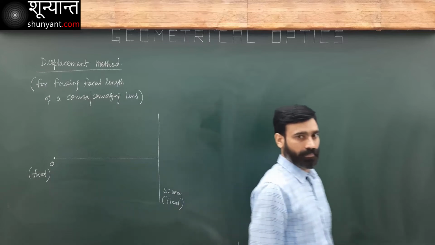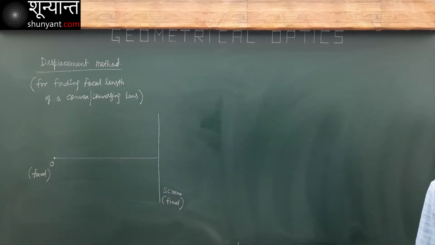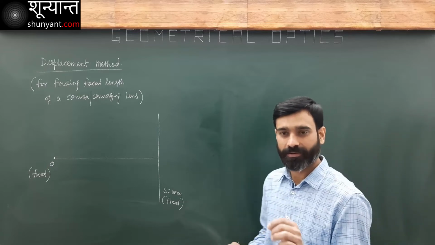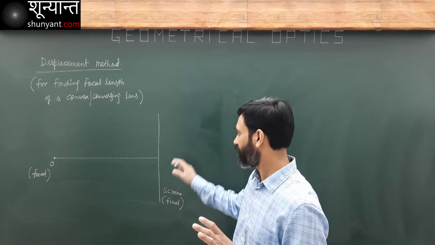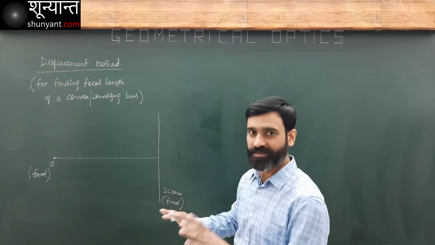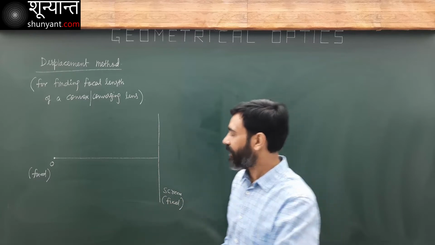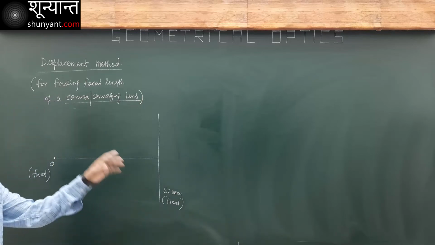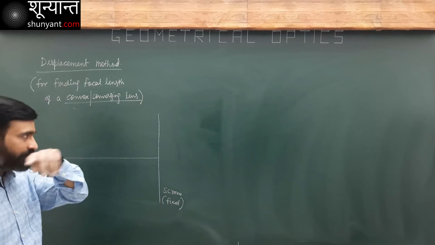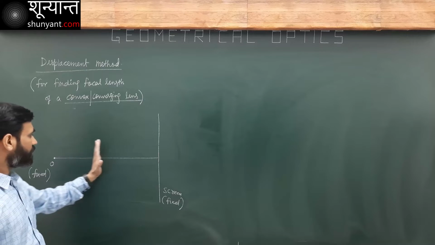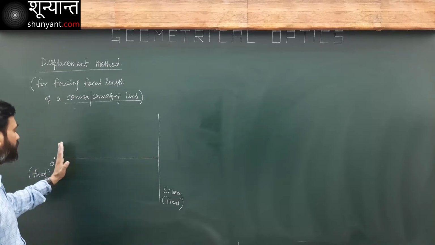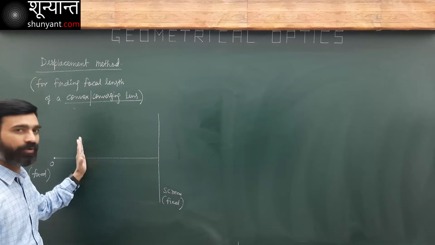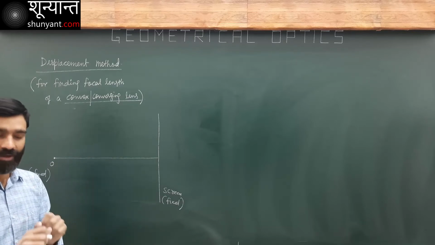I have a convex lens, converging lens. So I bring in this converging lens and I start moving it between the object and the screen. At one particular position, I am going to get an image. That is always going to happen.